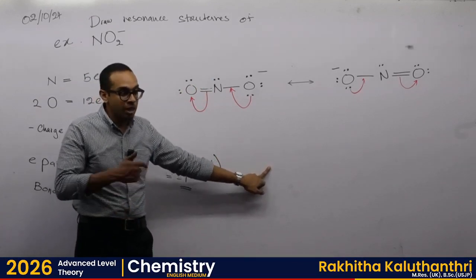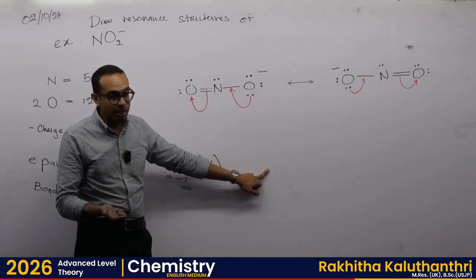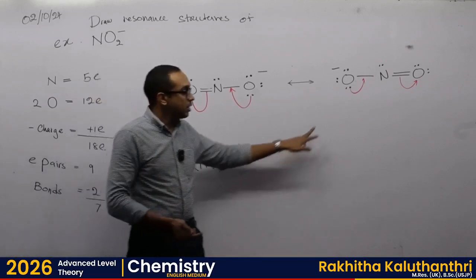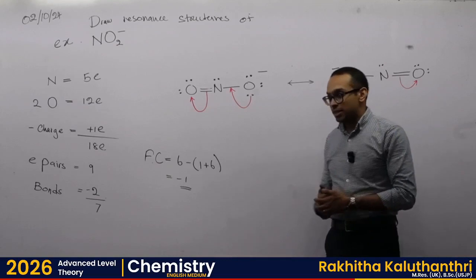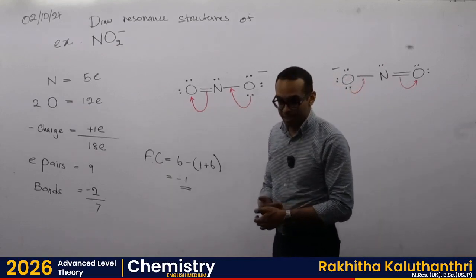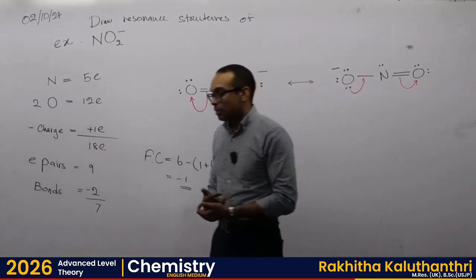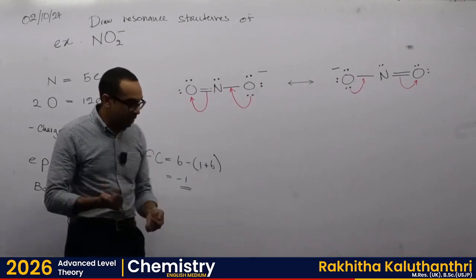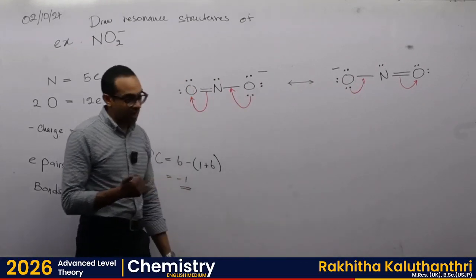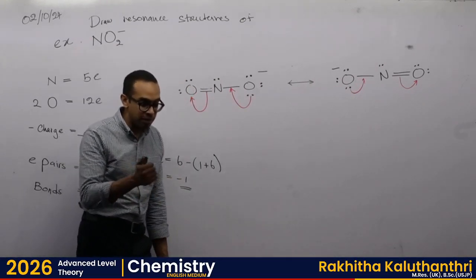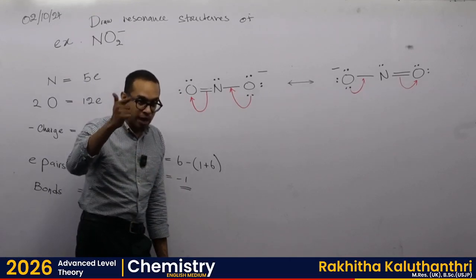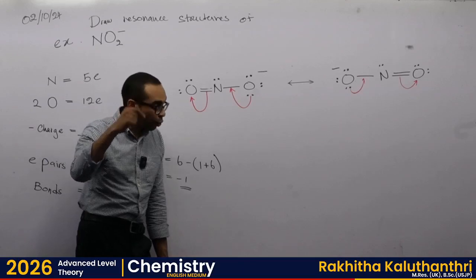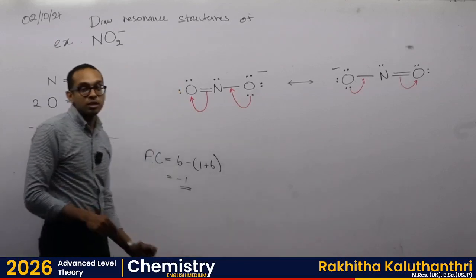Right? 3 bonds and 4 lone pairs is 7 electron pairs. 2 bonds and 5 lone pairs is 7 electron pairs. As a hypothetical example. So the number of bonds can change, the number of lone pairs can change, but the total of bond and lone pairs added together, the total electron pairs, can't change.